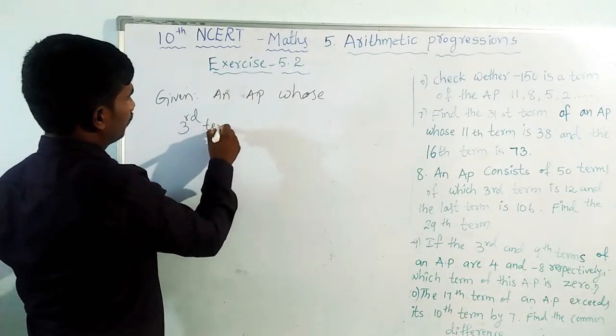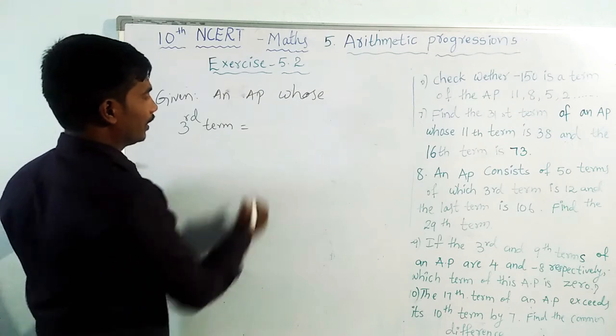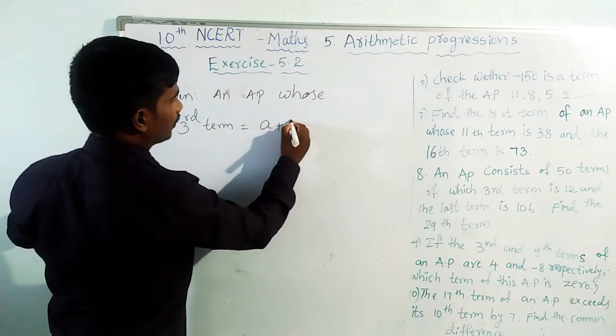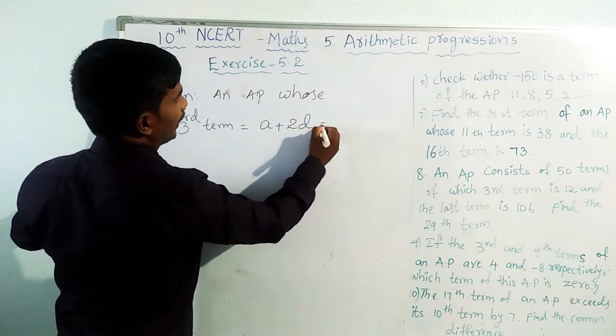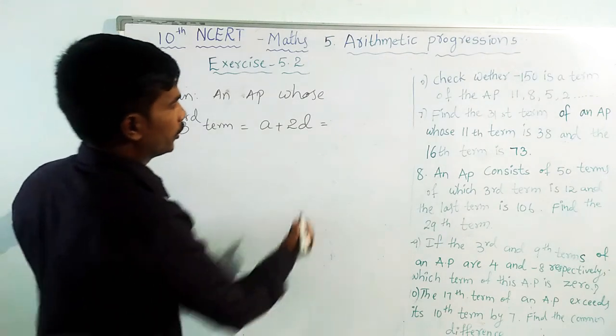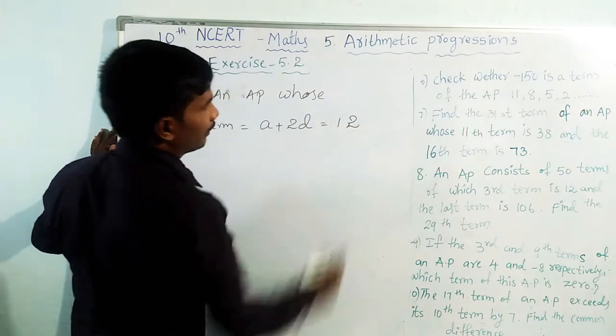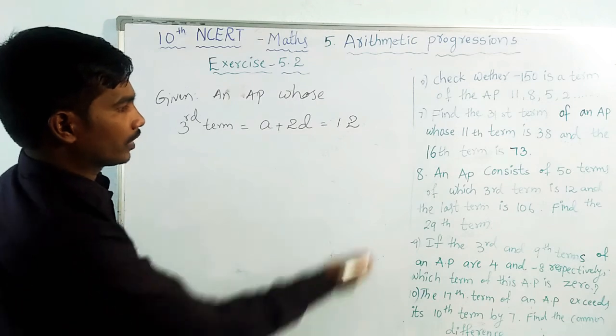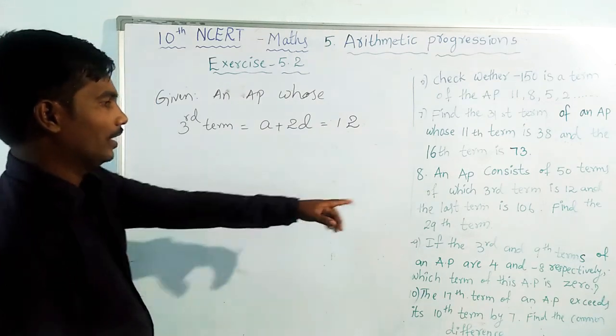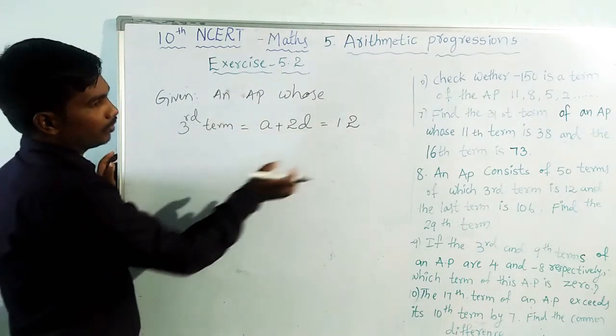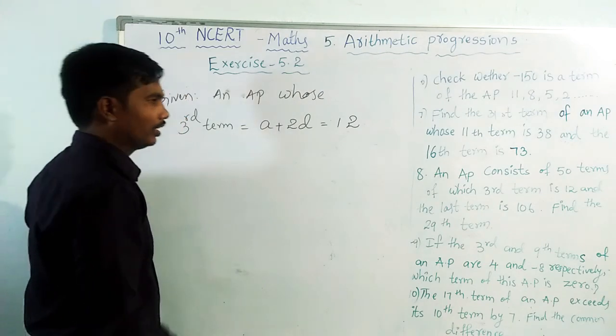Third term means a plus 2d, so a plus 2d is equal to 12. And the last term: how many terms are there in total? 50 terms.